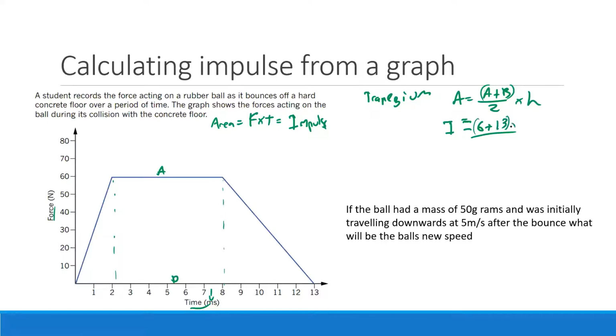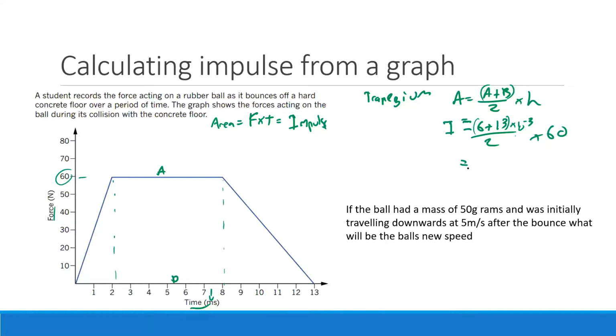I'm just going to multiply this by 10 to the negative 3 because I'm going to convert it to seconds. And then we're going to divide by 2. We're going to multiply by the height, which in this case is 60 newtons.